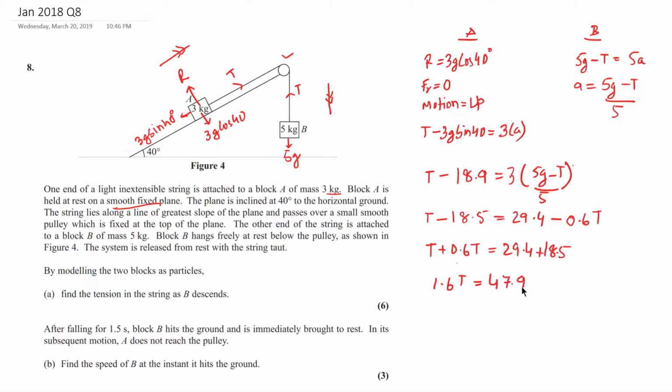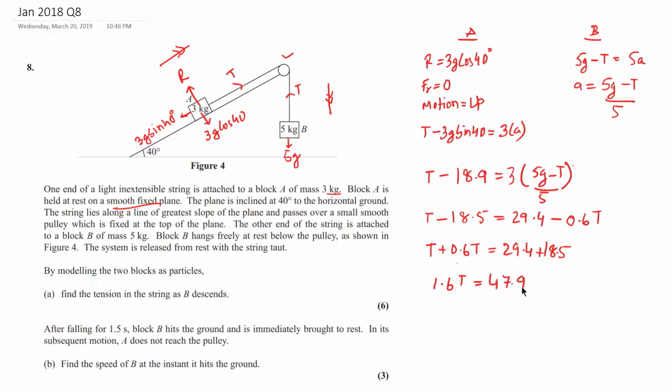C. Find the total distance moved up by A before it comes to instantaneous rest. So now let's have a look at the diagram. As B moves downward, A will also move upward by the exact same distance as B moves.